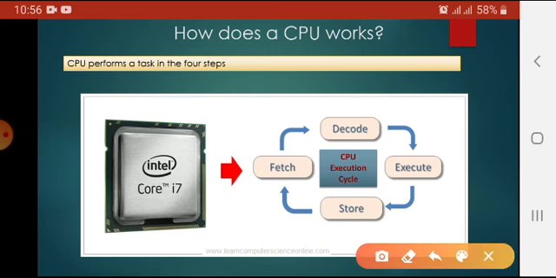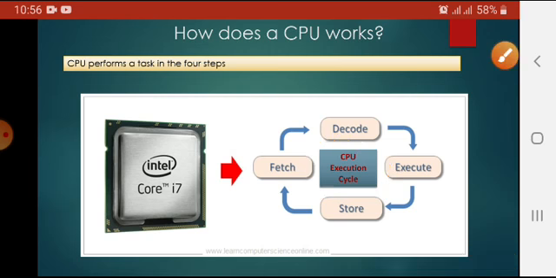It is also known as CPU execution cycle. It means a single instruction is processed by CPU in these 4 steps. Now, let's go through the definitions of these steps one by one.